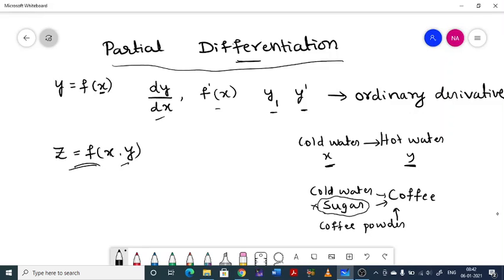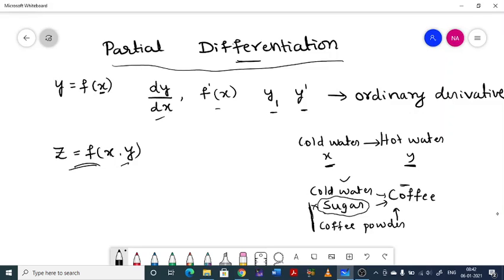See, I'll repeat the case once again. I want to see how this output is going to vary with respect to this input, how the quantity of coffee is going to change with respect to the change in quantity of cold water. For that, I have to keep these two constant. If I change any one of these quantities along with the quantity of cold water, then change in this parameter also affects this one.